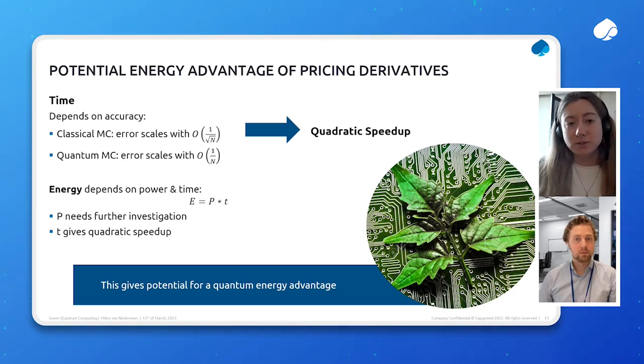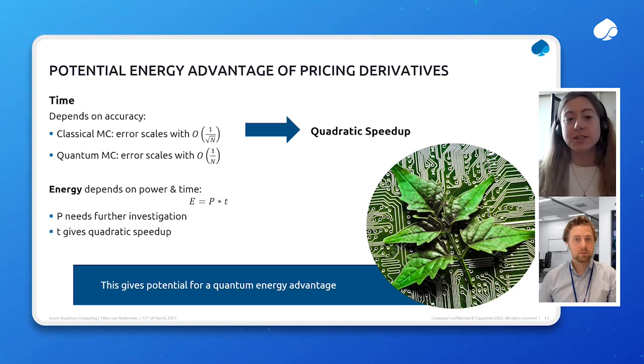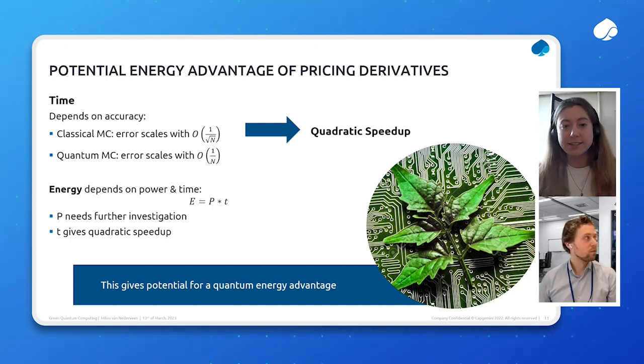And energy depends on the power consumption of the quantum computer and the time. This power consumption needs further investigation, but the time gives us a quadratic speedup. So this gives a potential for a quantum energy advantage.